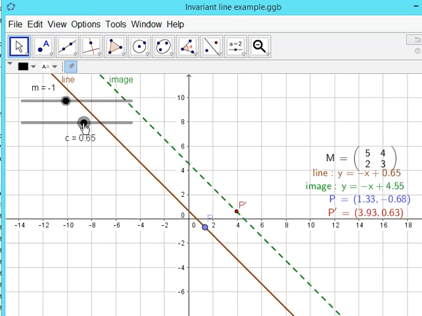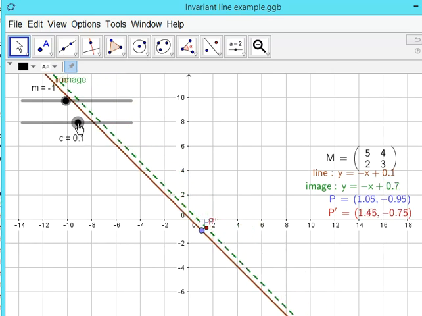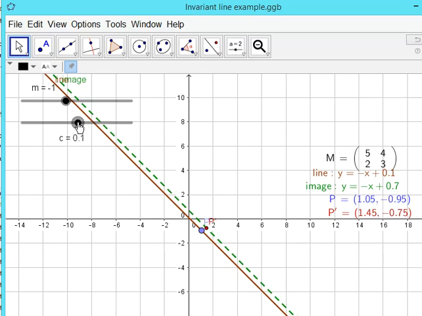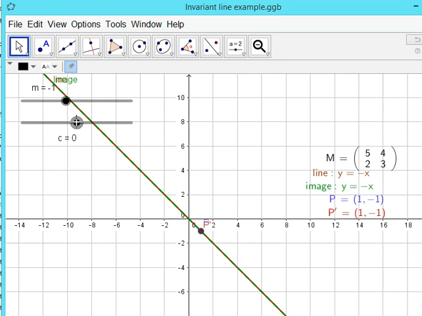So let's just check and see by changing c down to 0. If I can manage that. Then, yes, indeed, there we have the line y equals minus x is an invariant line, and the points P all map exactly to the same points as their image.